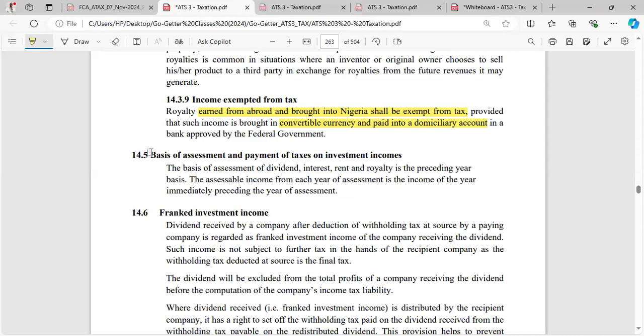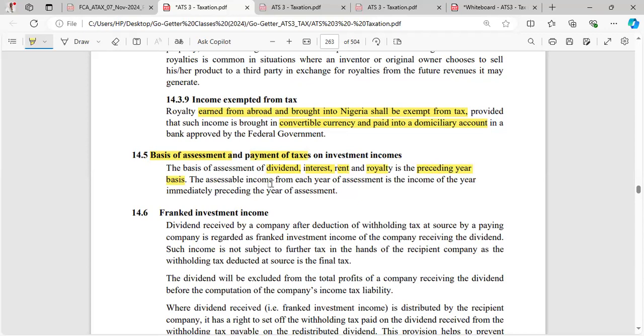Let's look at the basis of assessment and payment of taxes. Now, the basis of assessment of dividends, interest, rent, and royalty is what? Preceding year basis. What it means here is that all the rent you received for 2023 shall be accounted for tax in 2024.